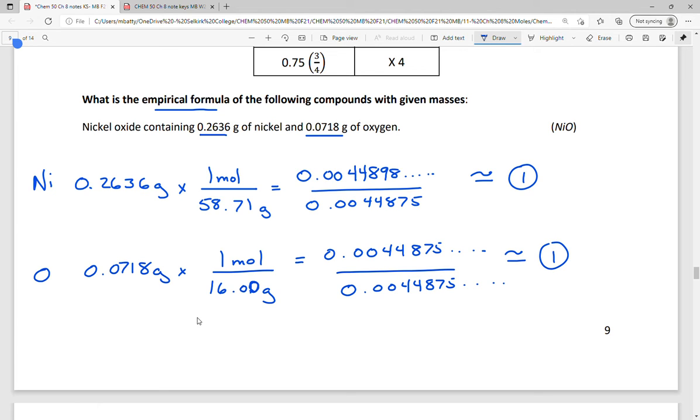So those whole number ratios mean that that is the proportion that these elements combine in their compound. So the empirical formula for this compound that we were given information about is NiO. It's nickel oxide. And we know that because of the composition of it when we look at the mass of each of the elements that's present.